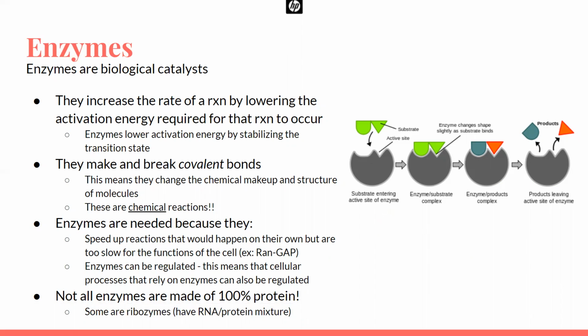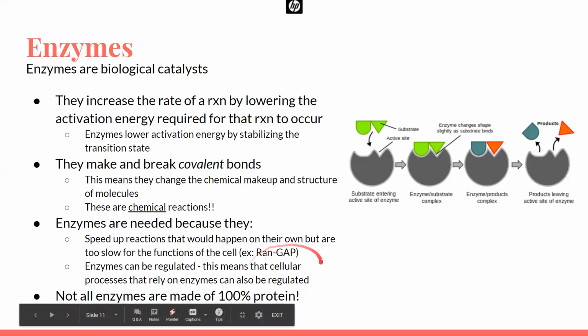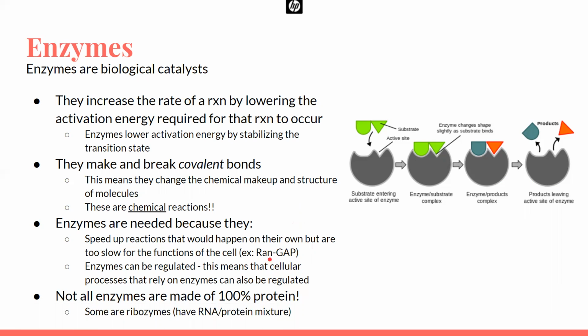RAN gap is a certain type of enzyme that does something important in the cell, but without an enzyme, its function would be far too slow, and it basically is like the cell doesn't even have this protein, because the enzyme needs to regulate and speed up the reaction. Otherwise, it just literally doesn't do anything in the cell. So that's one example, and that will make more sense when you guys see that actually occur in a couple weeks.